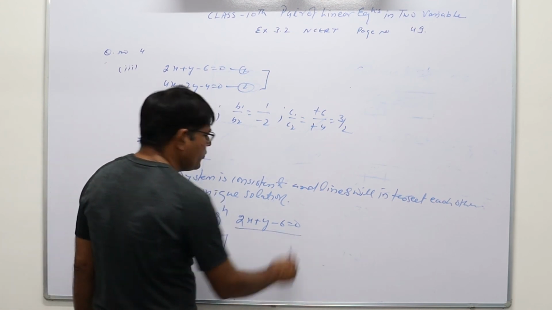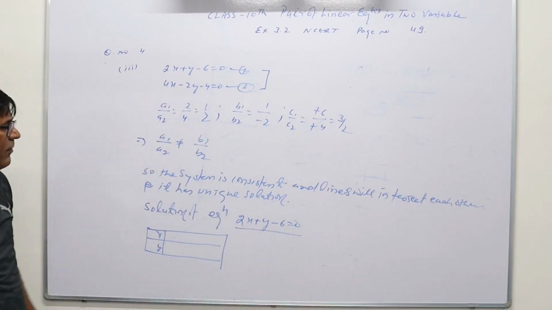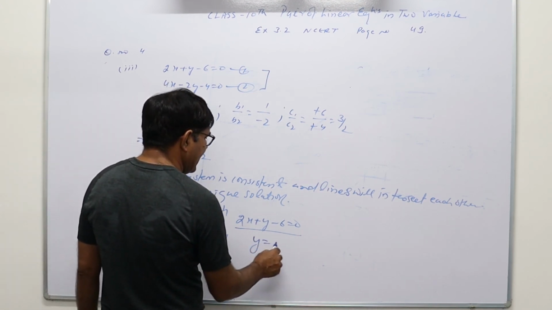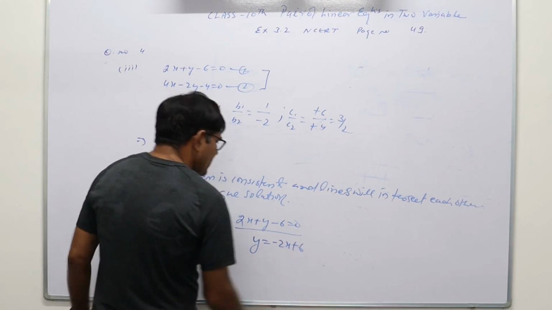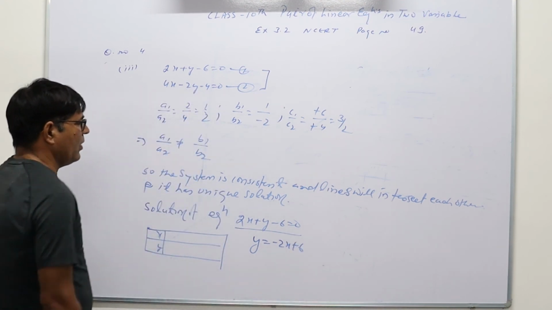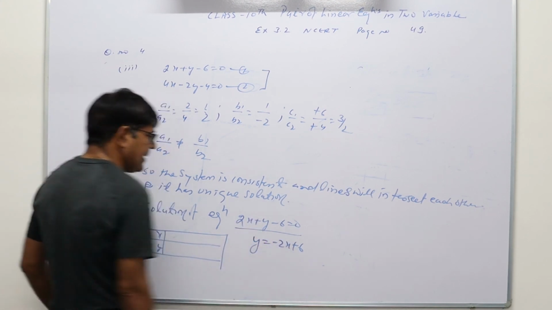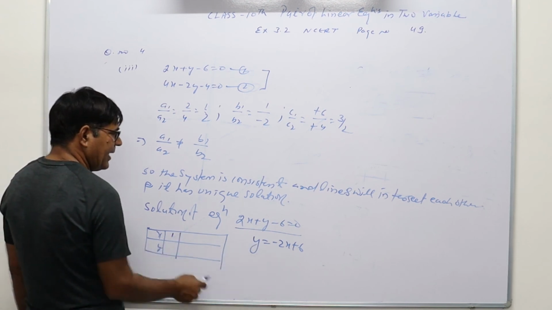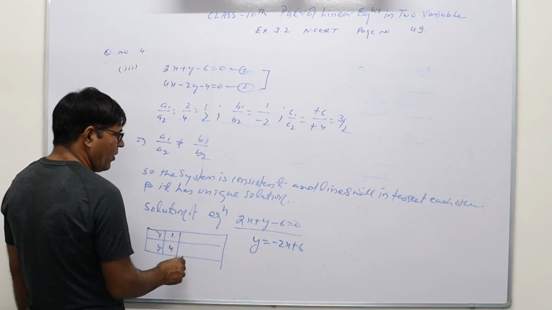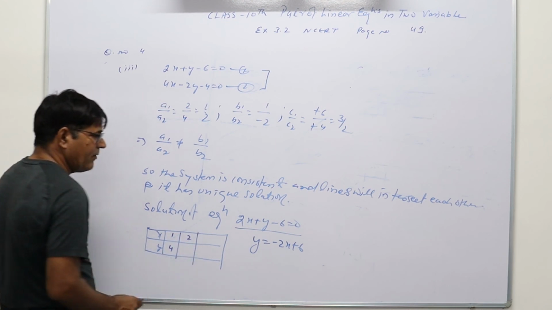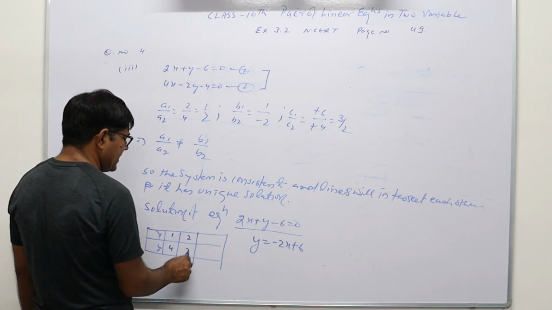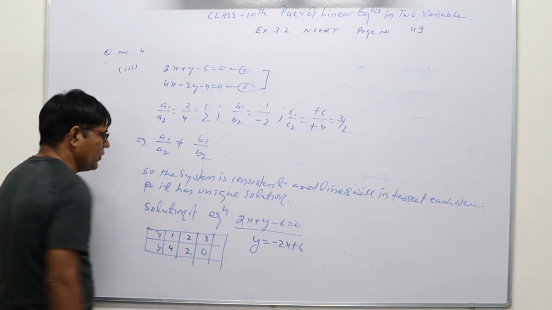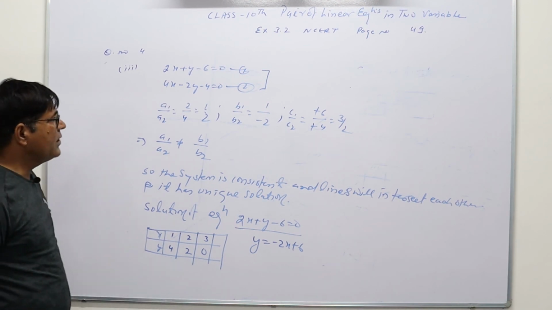First we have to express y in terms of x and a constant, so y will be equal to minus 2x plus 6. If we put x equal to 1, then y will be minus 2 plus 6, that will be 4. If x is equal to 2, then y will be minus 4 plus 6, that will be 2. And if x is equal to 3, then y will be 0.